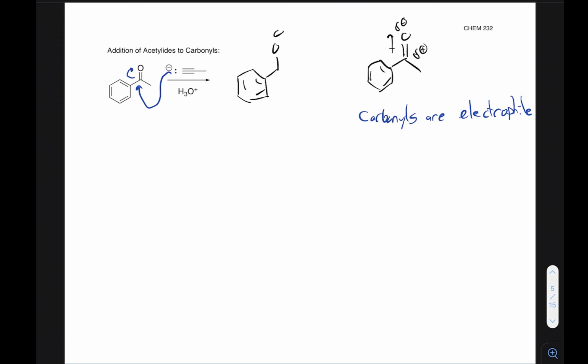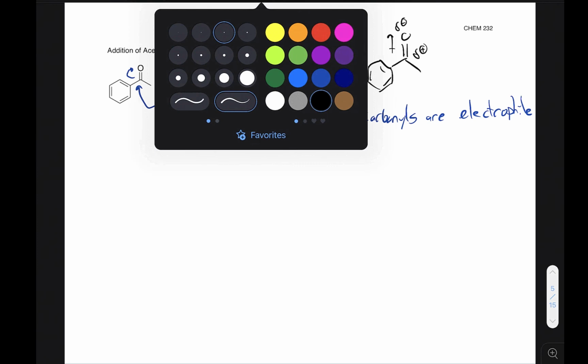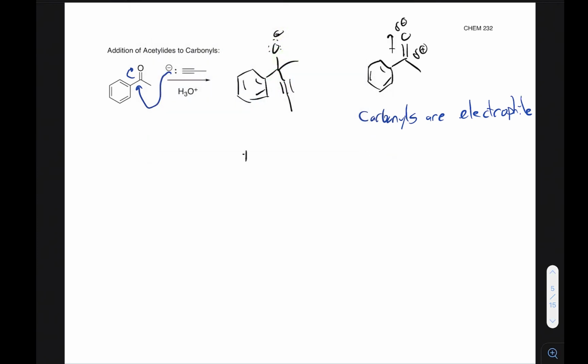So now we have the oxygen here that's negatively charged. That methyl group hasn't gone anywhere, and now we have this alkyne attached to our reaction here. And so the next step is this acid here, this H3O+, and we can illustrate that in a mechanism like so.